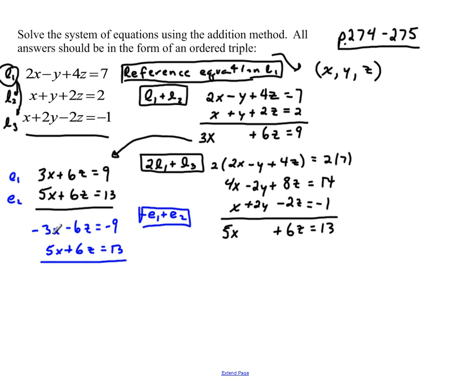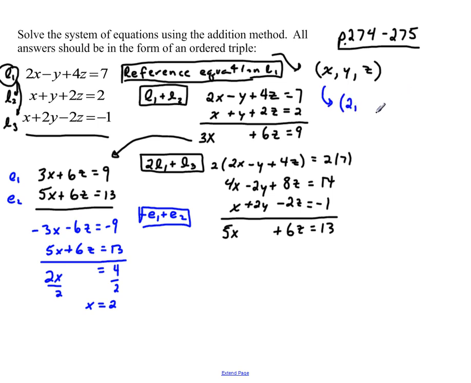When we add together here, we get 2x is equal to 13 minus 9, that's 4. Dividing both sides by 2 isolates x, giving us x equals 2. So we know that in our ordered triple, 2 is our first coordinate.